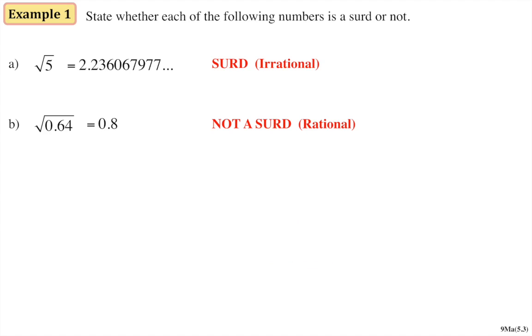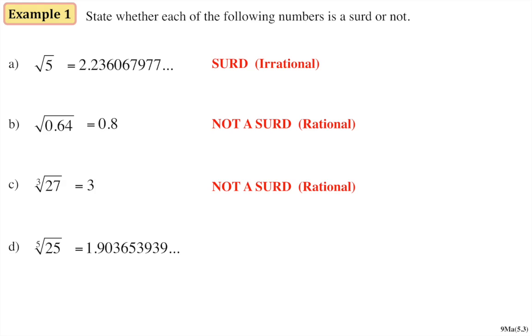It can be written as 8 over 10. You're not going to get many questions like that. The cube root of 27, do that on your calculator and it equals 3, which means that is not a surd. It's rational. 3 can be written as 3 over 1. The fifth root of 25, it's a decimal that appears to go on and on and on, which means that's going to be a surd. It's irrational.